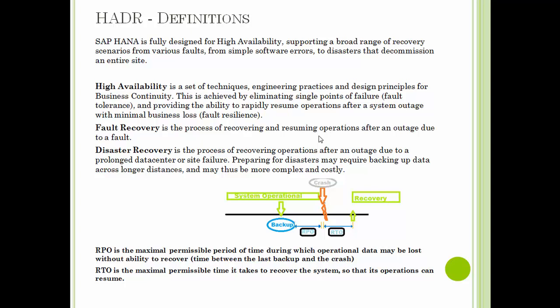Now coming to disaster recovery. It is a process of recovering operations after an outage due to a prolonged data center or site failure. Preparing for disasters may require backing up data across longer distances, and thus it is more complex and costly. So basically, in simple terms, disaster recovery uses a set of techniques for recovering operations after an outage at the data center or at the site.